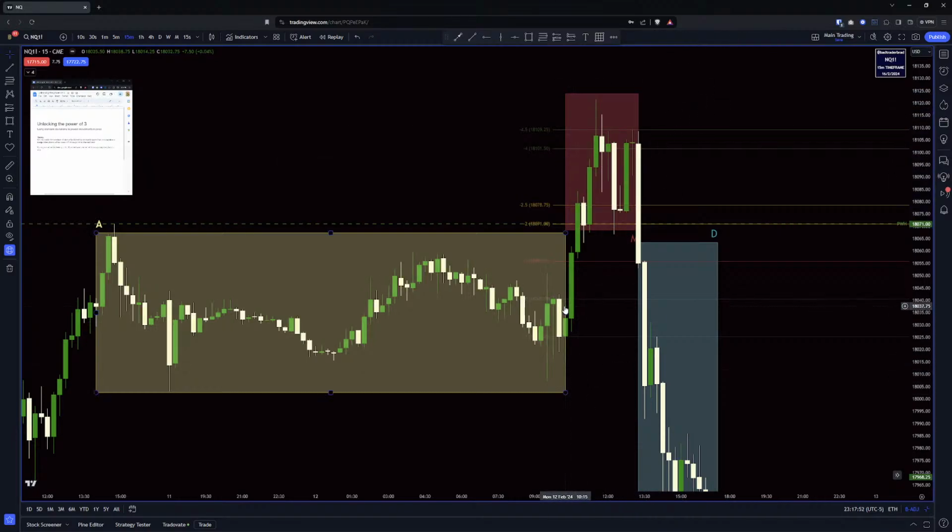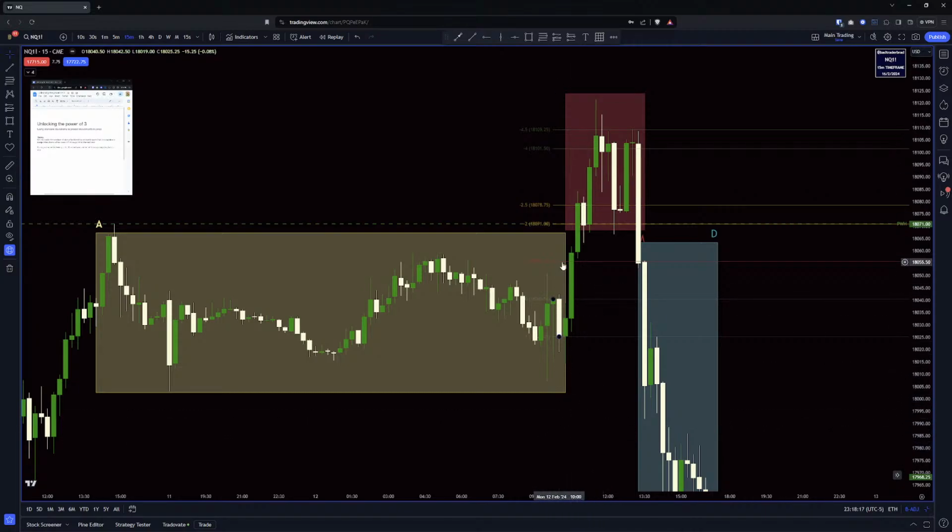Now, this isn't used for entry, right? You're still going to have to be able to predict, when you drop on the 1 minute, you would have to see this as a manipulation for the higher time frame, the 15-minute manipulation move here, which is actually a distribution on the 1 minute.